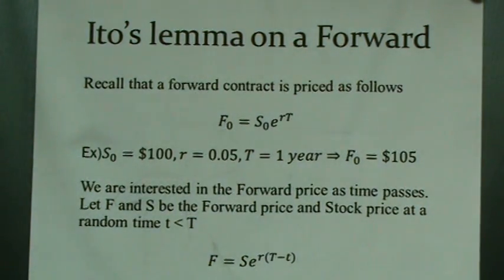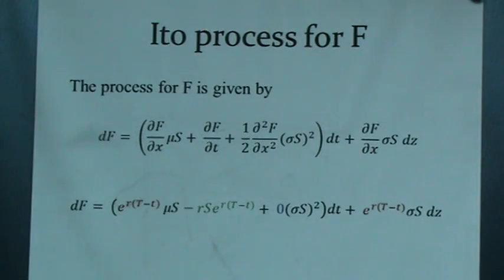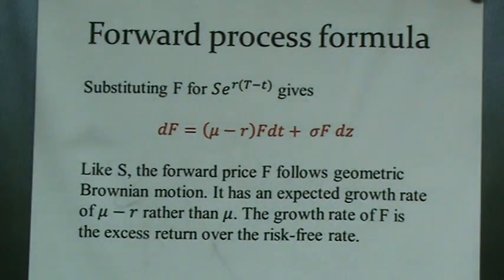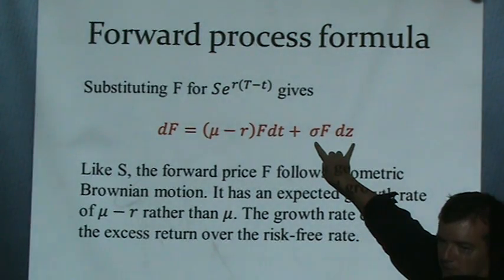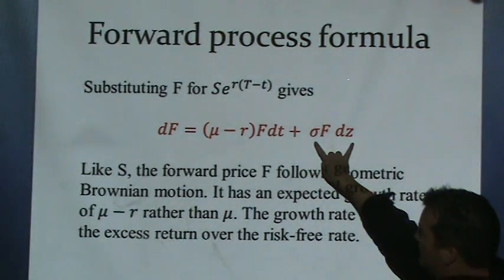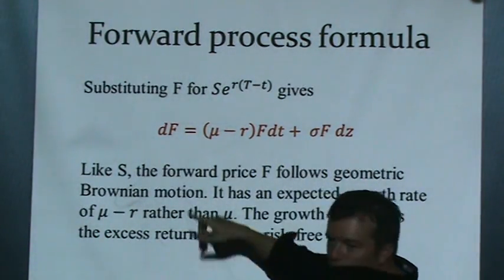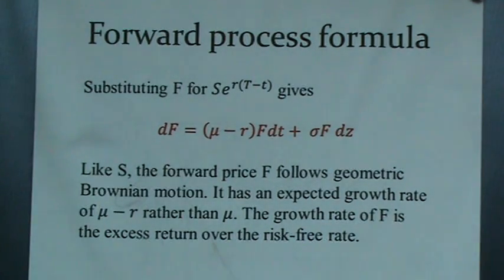The expected value should be this one. The expected value of the stochastic part should always be zero. It's a martingale process. The expected value of this part should be whatever we expect the value to be.